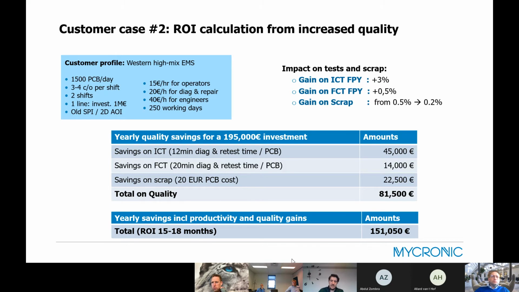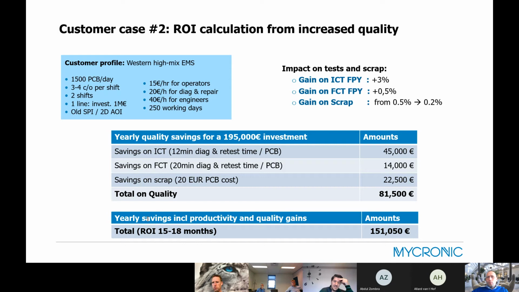I will quickly explain how I came to this. If you take 1,500 PCBs per day, by 250 working days, then by 3%, by 12 minutes, and then divided by 60 to have it in hours.